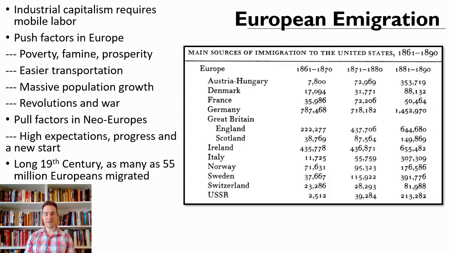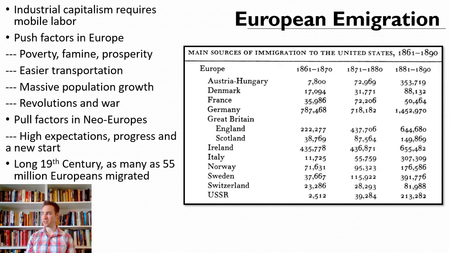Europe had undergone a massive population growth that we saw from the Columbian Exchange over the last couple hundred years. All kinds of new food, corn, potatoes, manioc, other stuff, had come into the European diet and produced a lot more calories, hence a lot more people. And Europe had undergone a series of wars and revolutions.